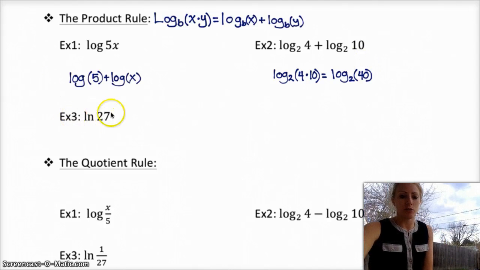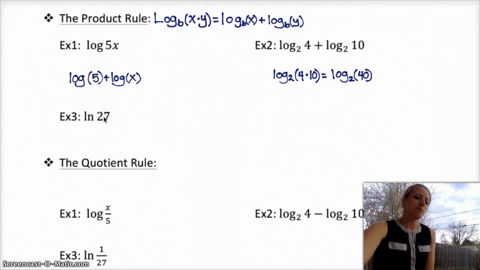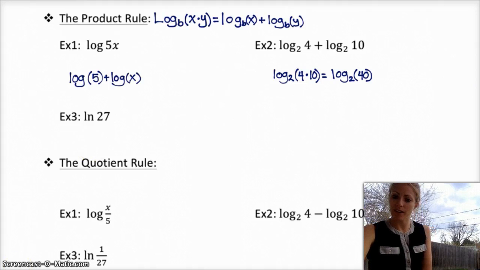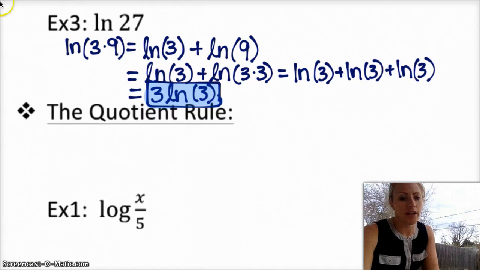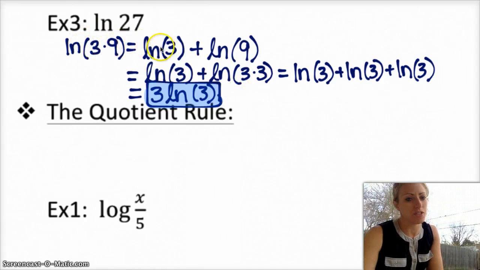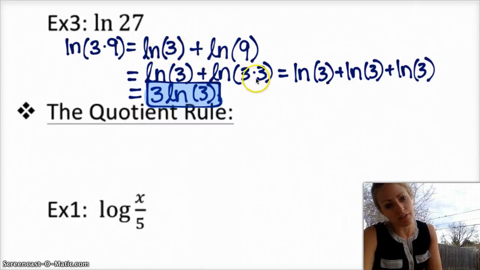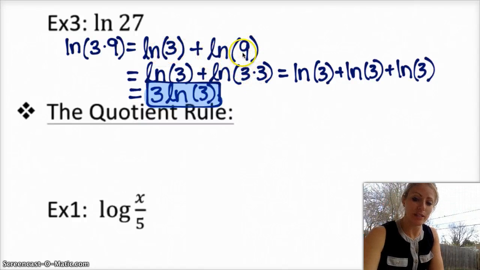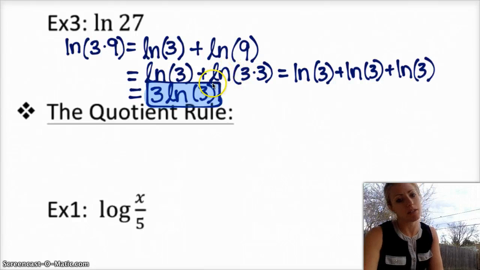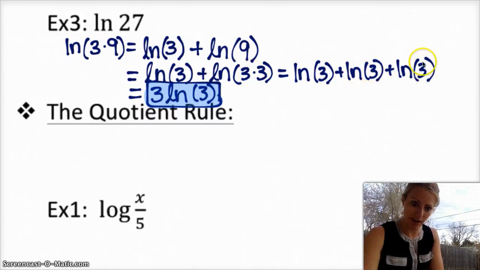The natural log of 27. This one, try on your own, but there's a couple different ways you can break it up. So go ahead, try that one on your own first. What I did is I did the natural log of 3 times 9, which is the natural log of 3 plus the natural log of 9, and then 9 is 3 times 3, so I split that up into log of 3 times 3, and then into log of 3 plus the log of 3.